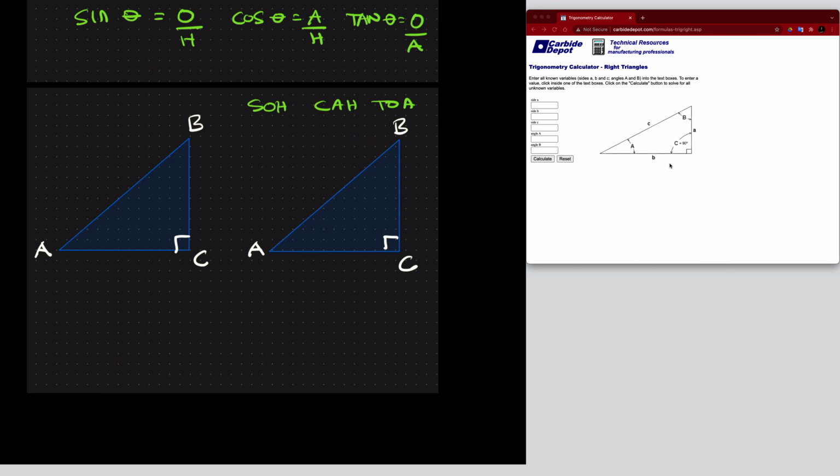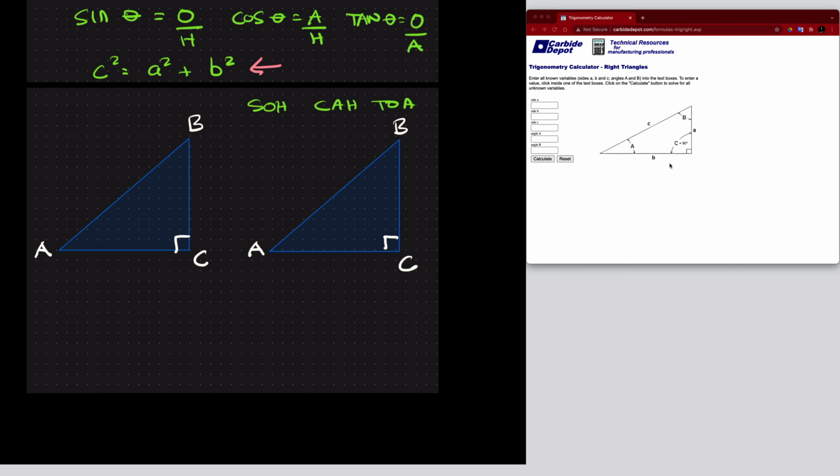And then to calculate the sides, we will be using c squared equals a squared plus b squared. So if I only have 2 sides and no other angles, I need to use this formula right here, Pythagorean Theorem.